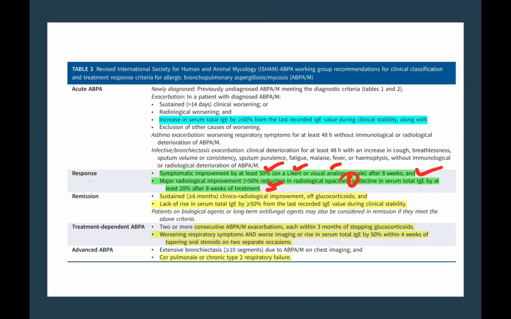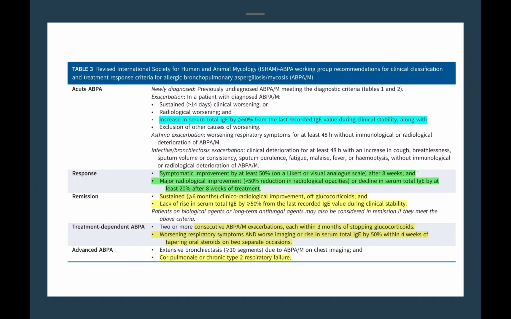So we have to see the response after 8 weeks, which means 2 months. Clinical response 50%, radiological response 50%, and serum total IgE response 20%. Then we say it is a response.